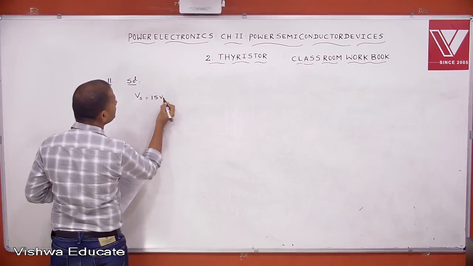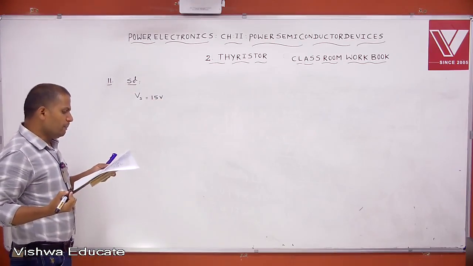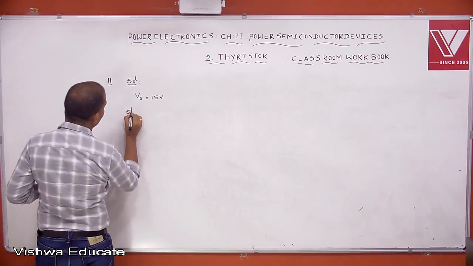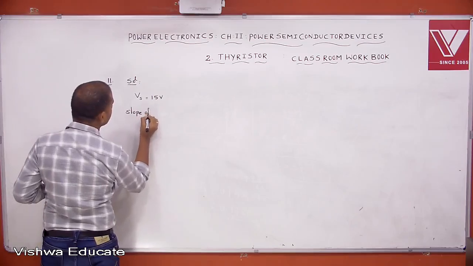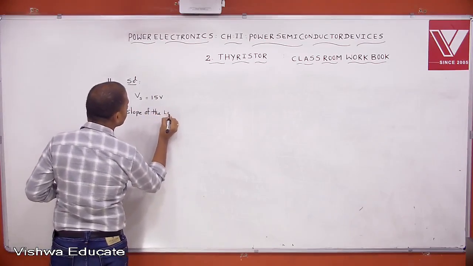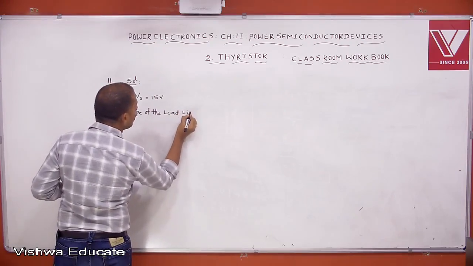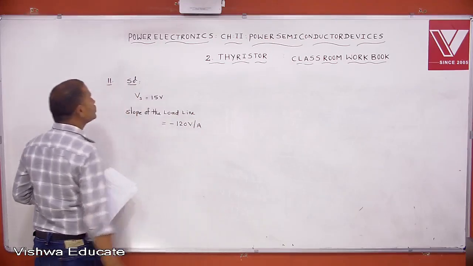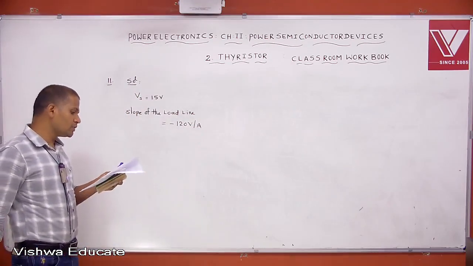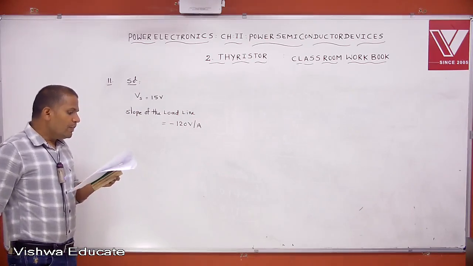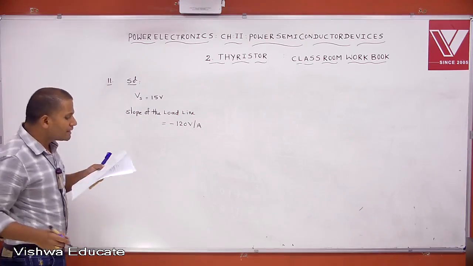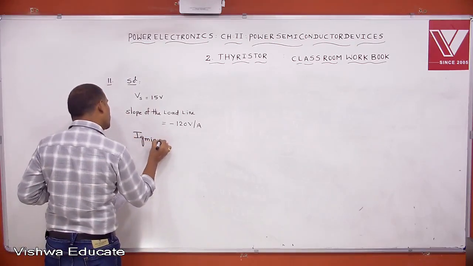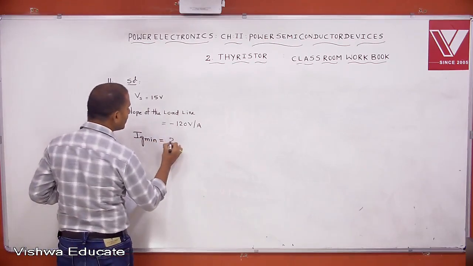The slope of the load line is minus 120 volts per ampere. The minimum gate current to turn on the SCR, Ig minimum, is 25 milliamperes.